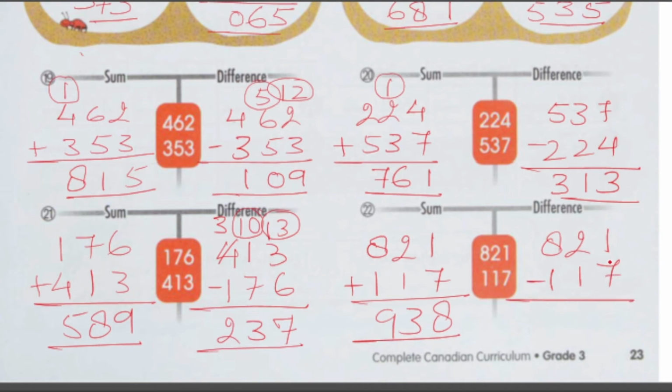So we can't subtract 7 from 1, so we have to borrow one number from this side. It will become 11 and it will reduce to 1. So 11 minus 7 is equal to 4 and 1 minus 1 is equal to 0. 8 minus 1 is equal to 7.